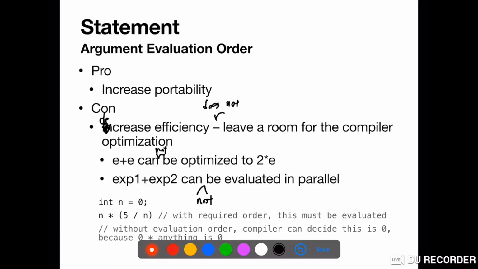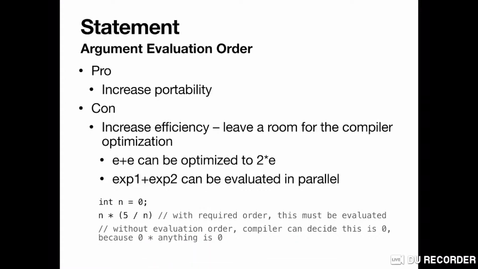Another thing is it prohibits expression 1 plus expression 2 from being run in parallel. Sometimes when they compile things to assembly code, they allow a parallel stage. But if we specify evaluation order, then the compiler cannot do this. And another interesting example at the bottom would be, if n equals 0, then n times everything should be 0.